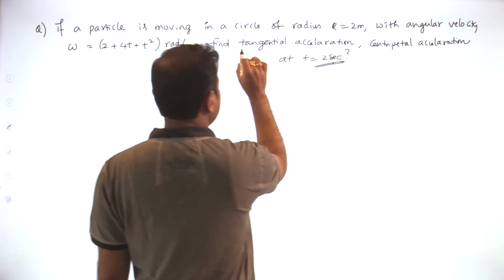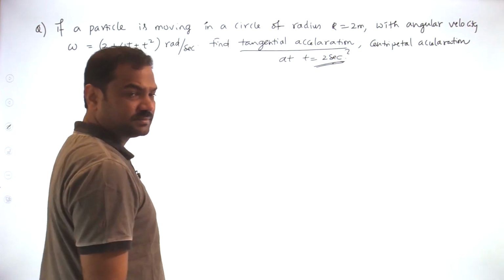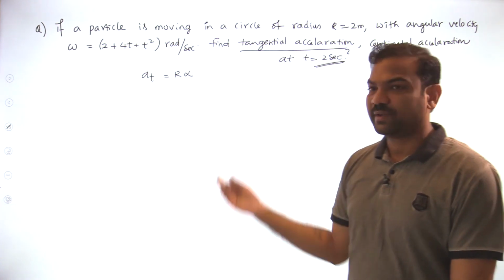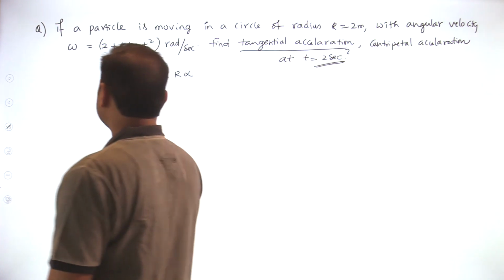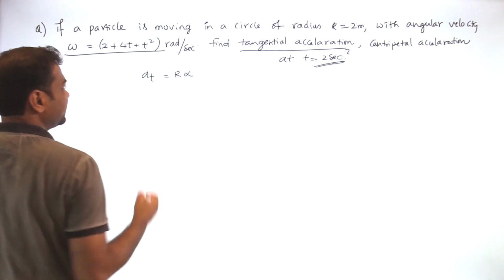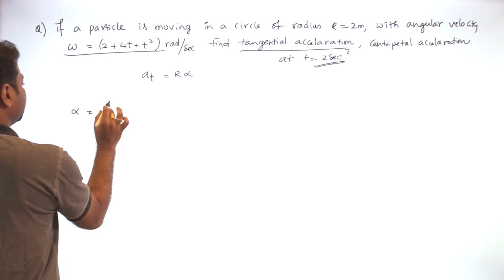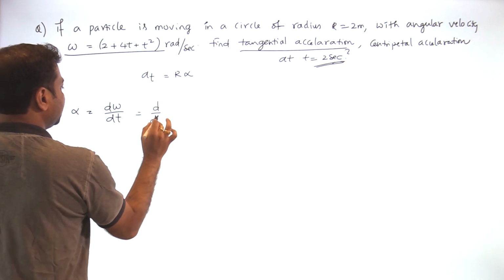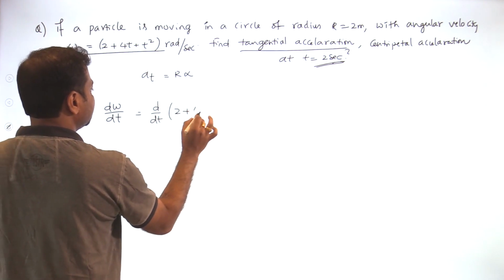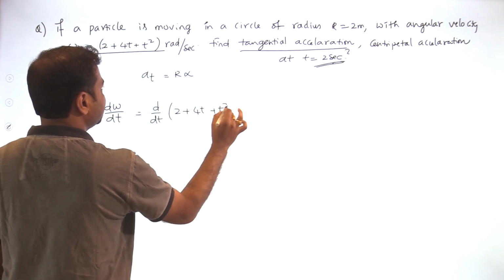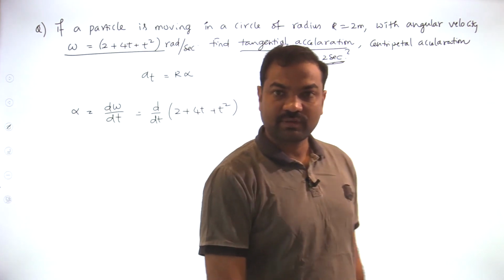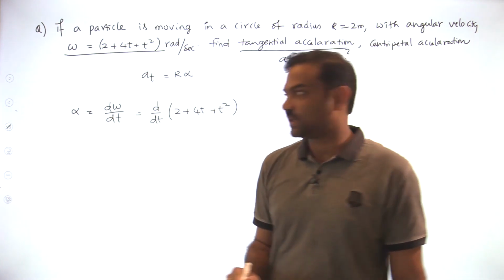For tangential acceleration, what do we require? We require the alpha value, because tangential acceleration is r alpha. Then how to get the alpha value? Omega as a function of time is given, so alpha can be written as d omega by dt, that is d by dt of omega, which is 2 plus 4t plus t square. If you take the derivative of angular velocity, you automatically get angular acceleration.